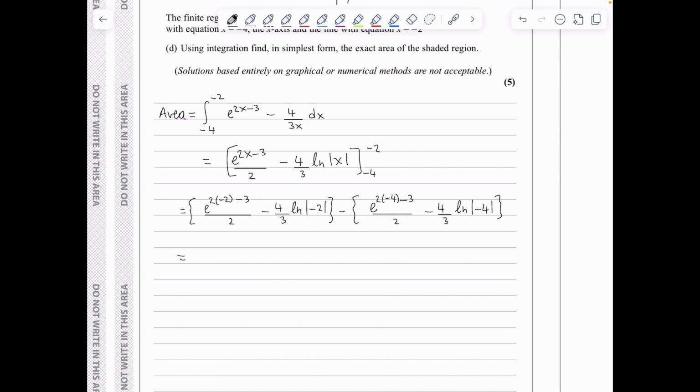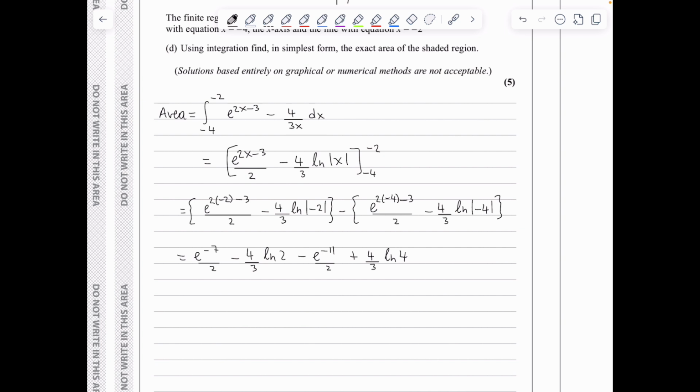This leads to e to the minus 7 over 2 minus 4 over 3 ln 2 minus e to the minus 11 over 2 plus 4 over 3, and we've got ln of 4.